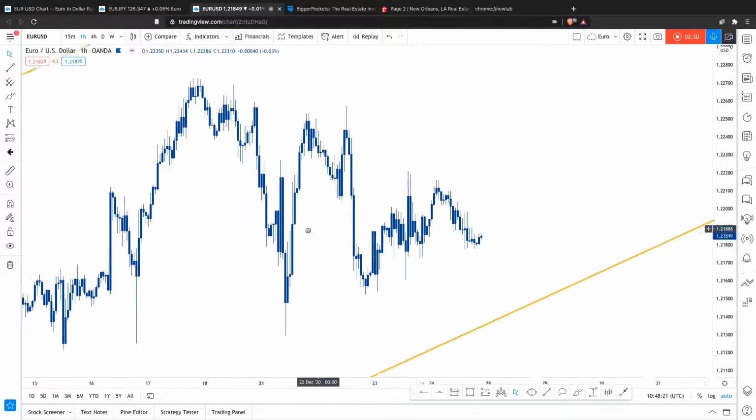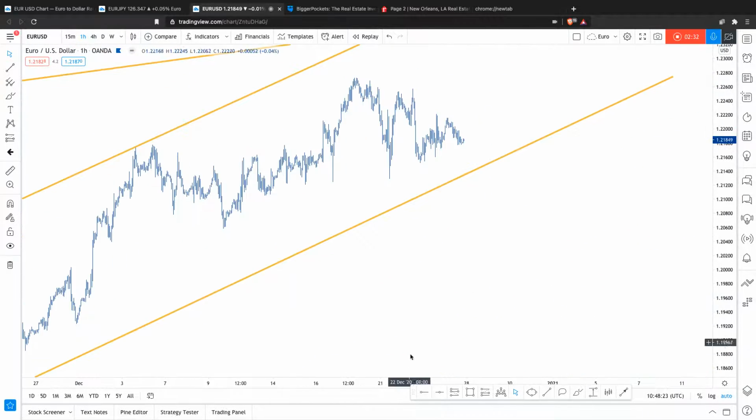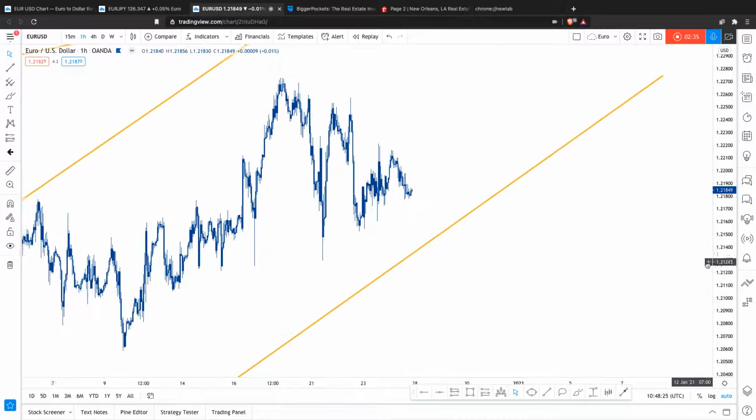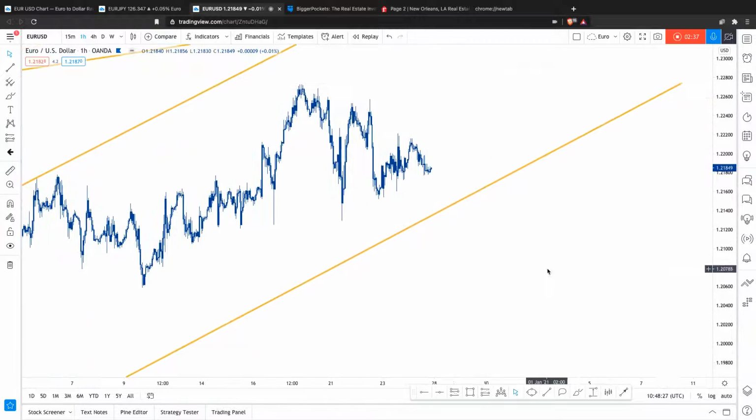So again, if we were to start hovering along this bottom trend line down here or breaking through it after a push lower, I'd be willing to enter that. Right?